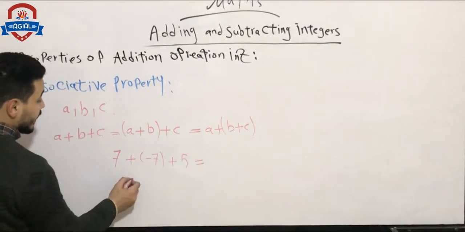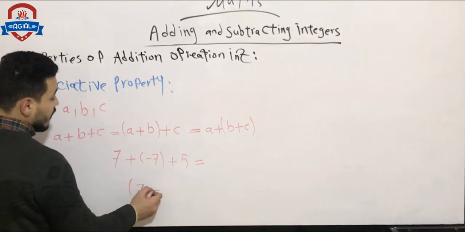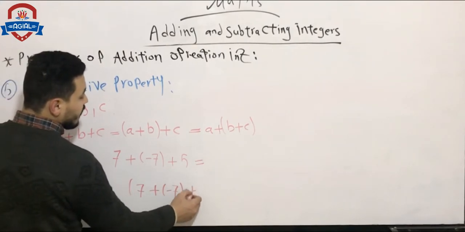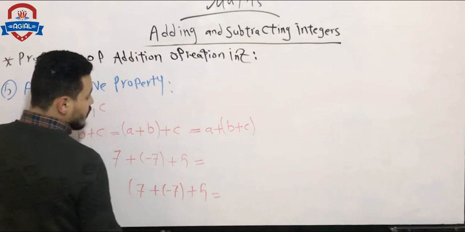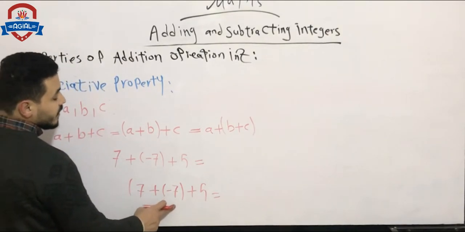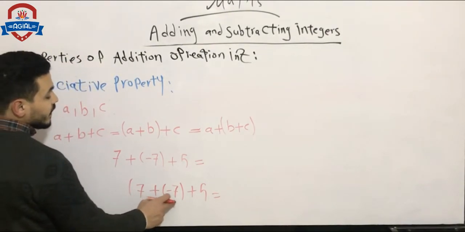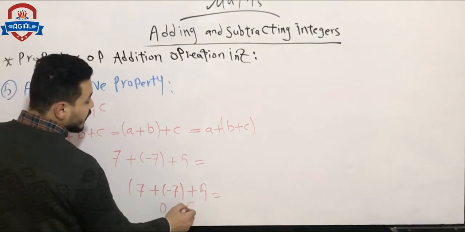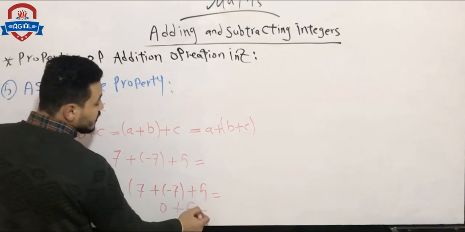So we add 7 plus negative 7 first: 7 plus negative 7 equals 0, plus 5. 0 plus 5 equals 5.